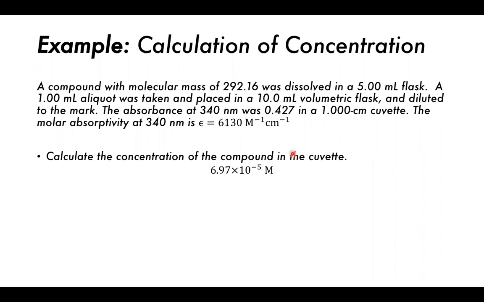It's the Beer-Lambert law, A is equal to epsilon BC. We rearrange this, and we get C has a value of 6.97 times 10 to the minus 5.